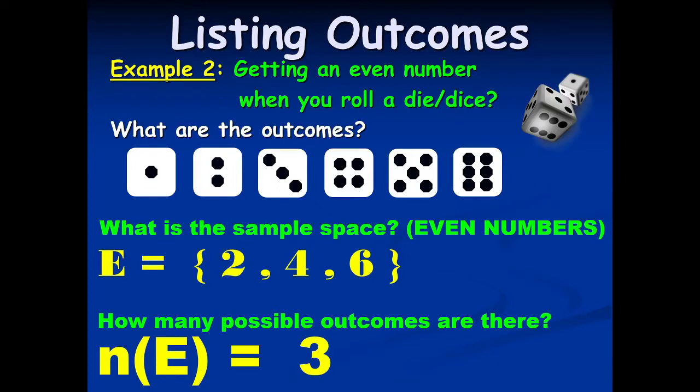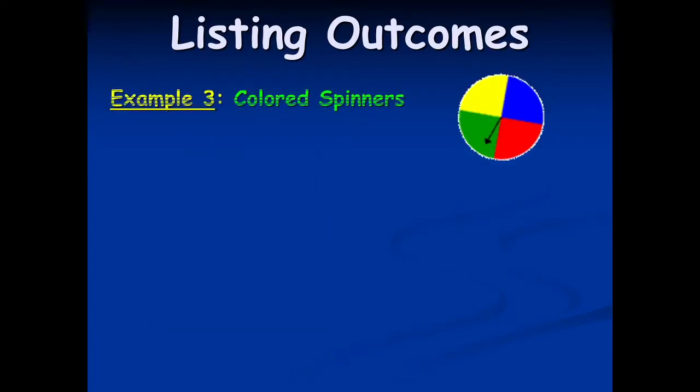Okay? Now, let's have another one. Third example. I'm gonna be using the letter E here when I'm gonna have a specific event. Okay, don't worry, I'm gonna be using the letter E with my examples later. Okay? So, example number 3. Colored spinners. What is the sample space?